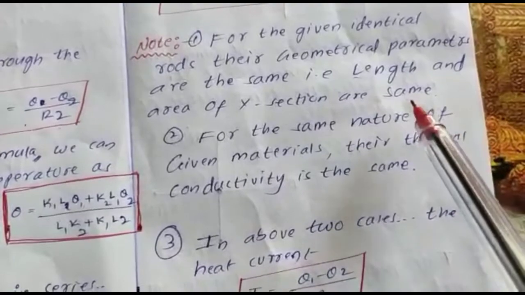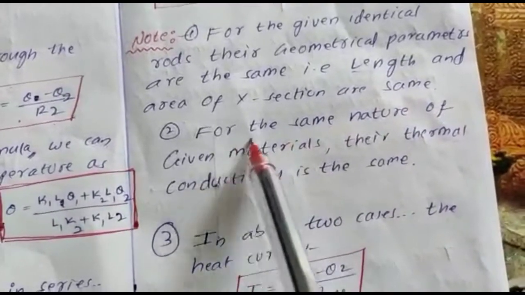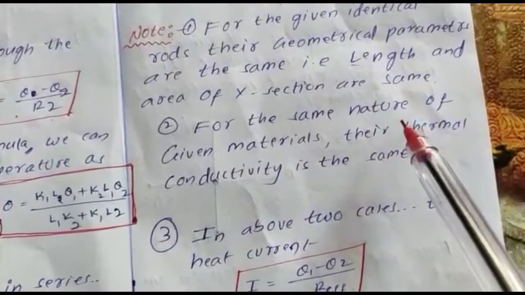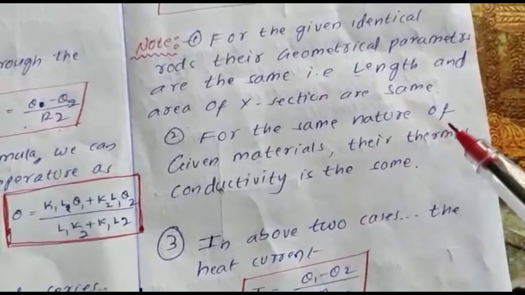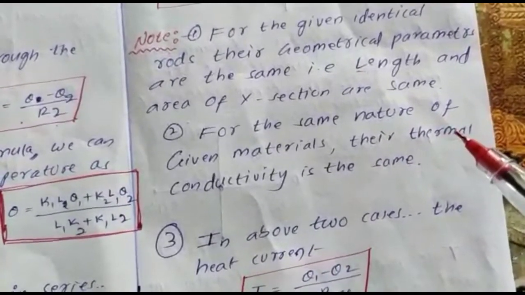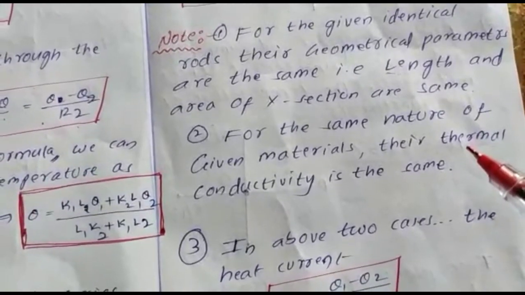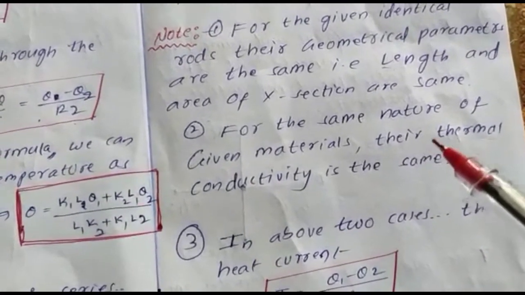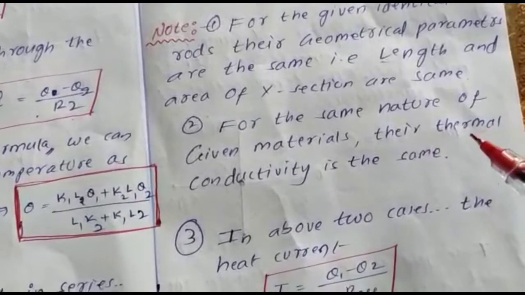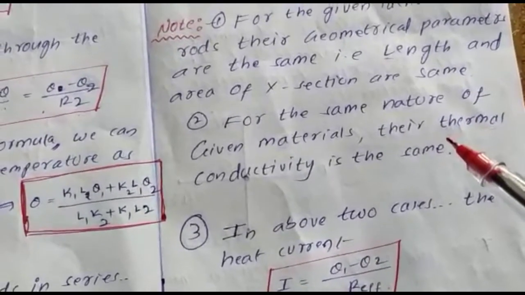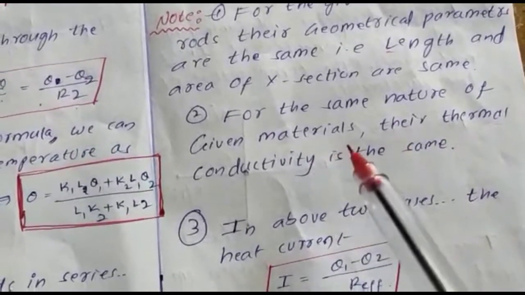And if they mention the same material, it means the same nature of material. For example, copper rods, iron rods, silver rods: for different materials the K value is different, but for the same material, such as 2 copper rods, the K value is the same. When the nature of the material is the same, the thermal conductivity is the same.